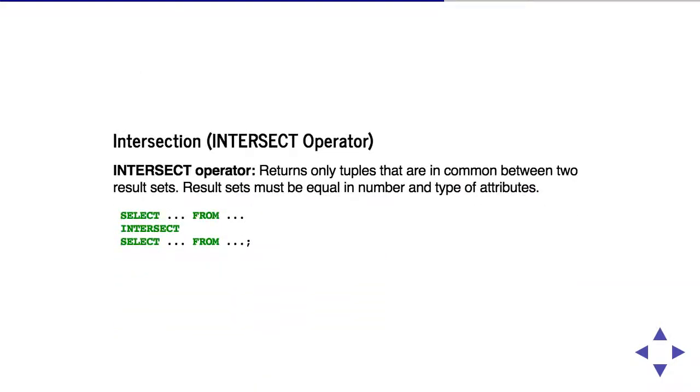Intersection is where we want to return only values they have in common. Result sets must be equal in the number of columns and the type of attributes.